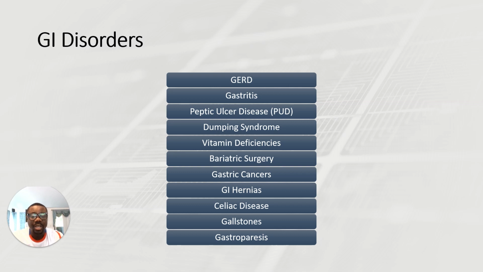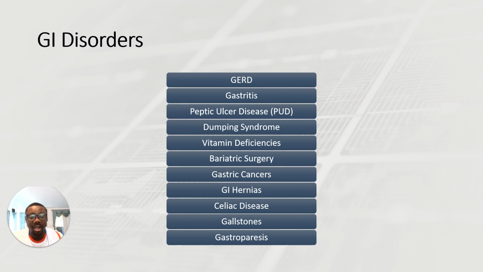You have vitamin deficiencies. You have bariatric surgery itself. You have the gastric cancers. There are different kinds of cancer, like liver cancer or liver cirrhosis. It falls under GI disorders. You have GI hernias, like hiatal hernias and umbilical hernias. Those different GI hernias all fall under the GI disorders.